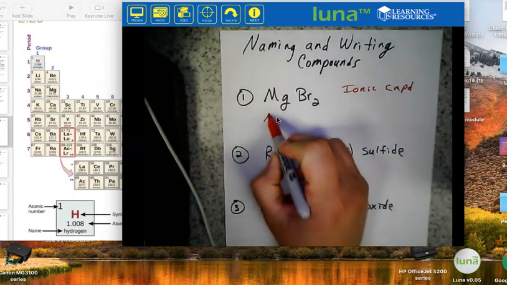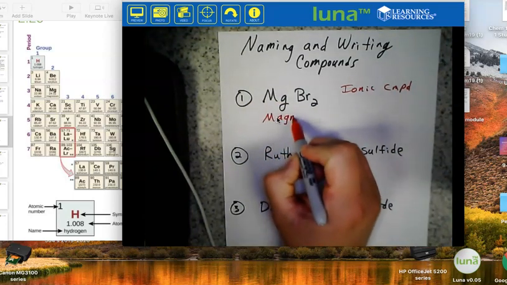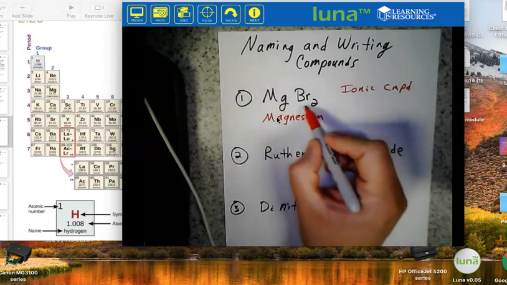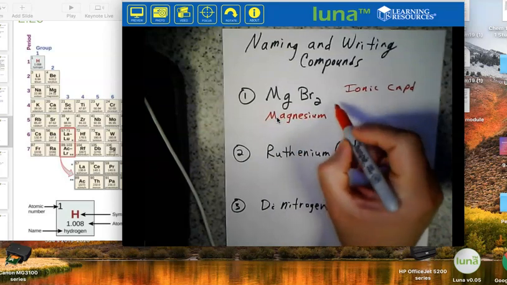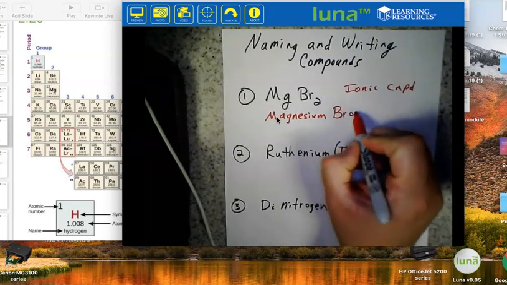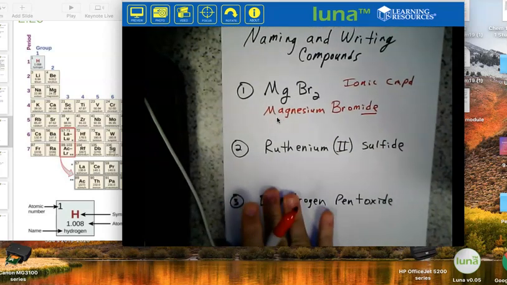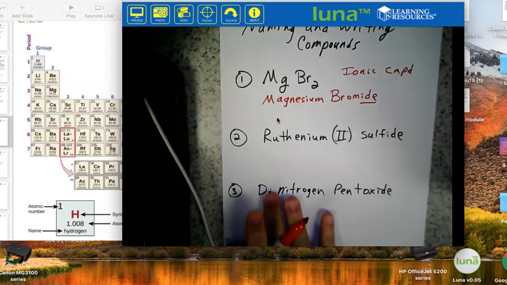I just name the cation, the first element, and then the second element, bromine, becomes bromide. So the name for MgBr2 would be magnesium bromide.